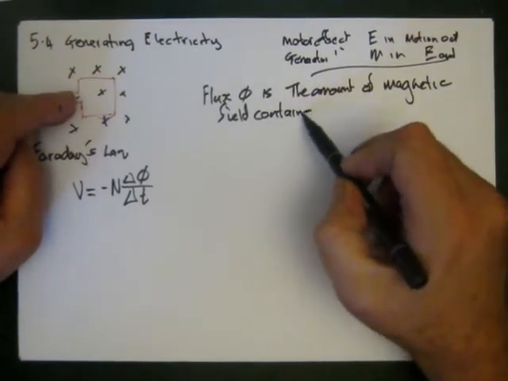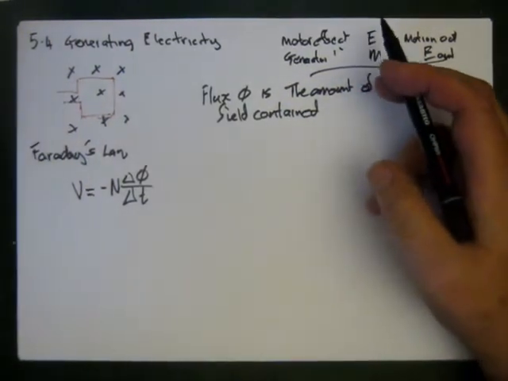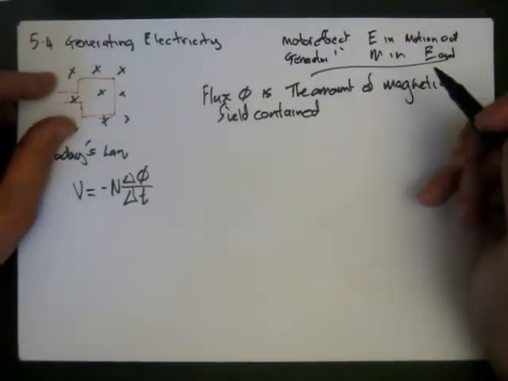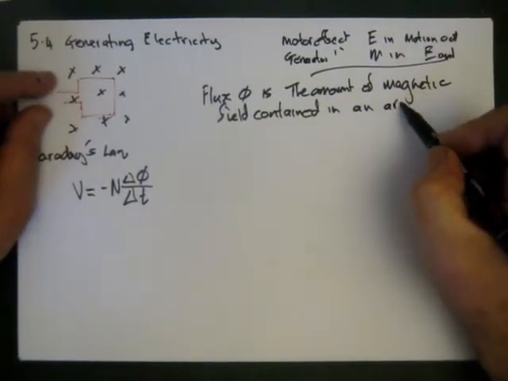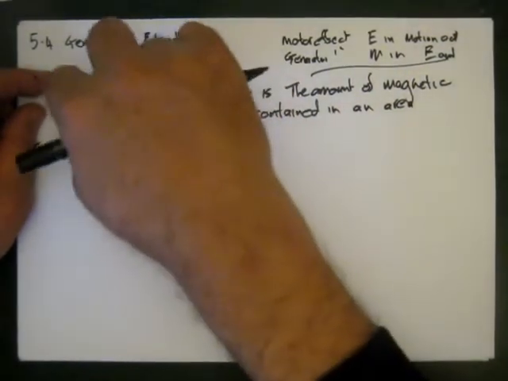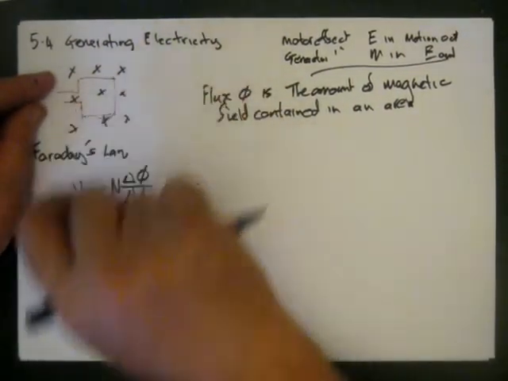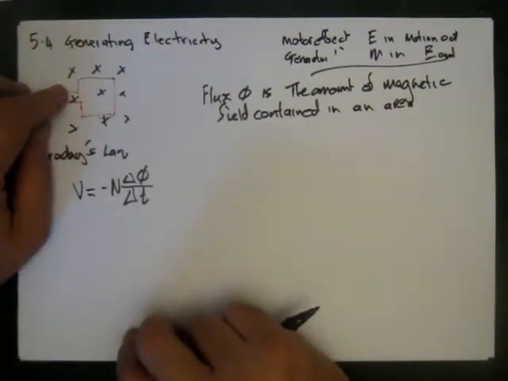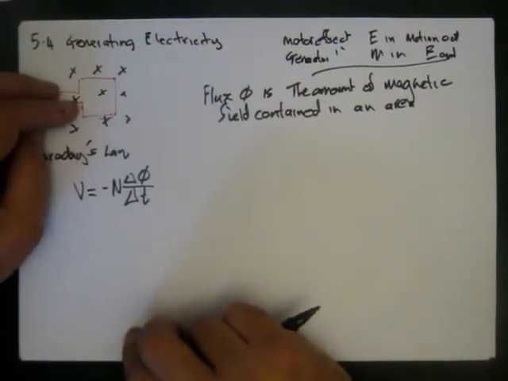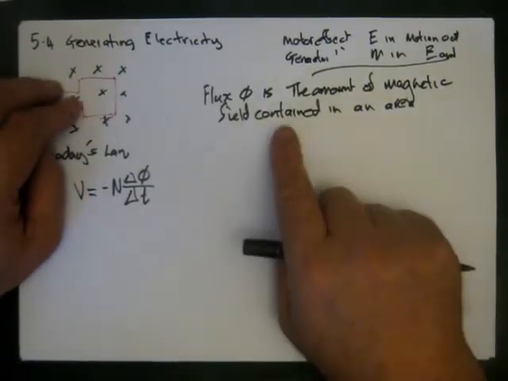And in fact, flux is always how much of something goes through an area. So we can talk about magnetic flux, how much magnetic field goes through that area of that loop, or solar flux, how much light goes through that, or electric flux, how much electrical charge goes through there. Okay, so we're going to talk about magnetic flux.